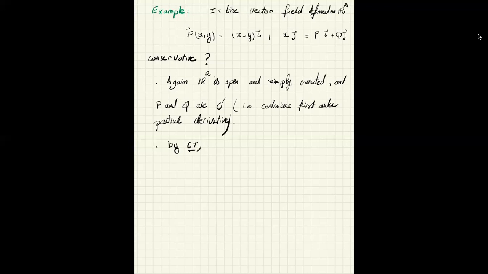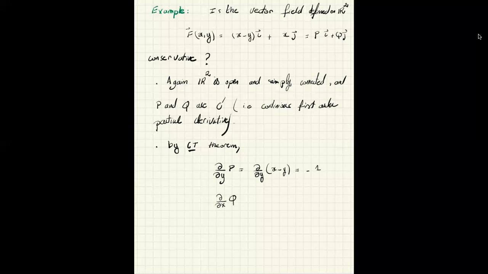Okay, by the conservative test theorem, I can check that dP/dy is dy, and dQ/dx is -1, and then dx.